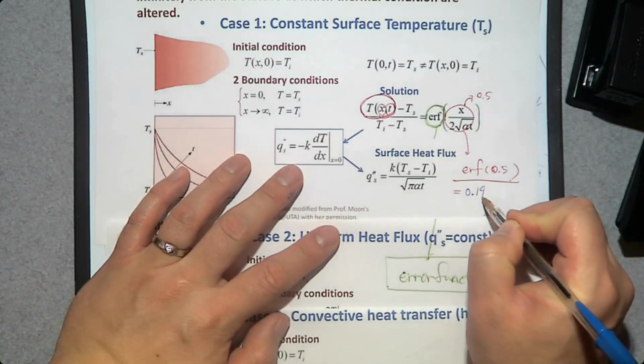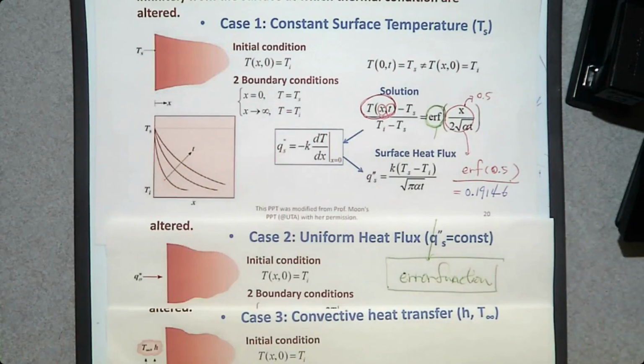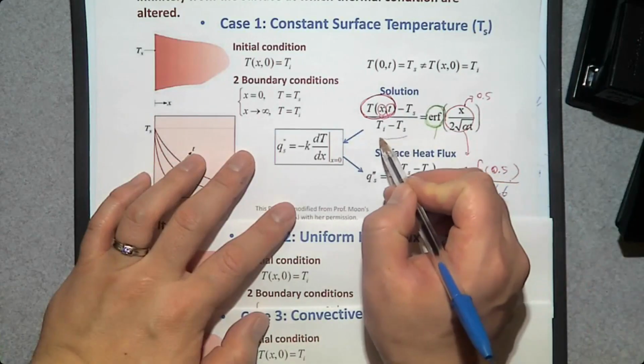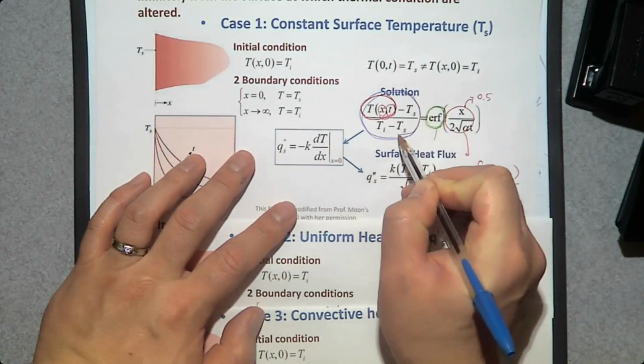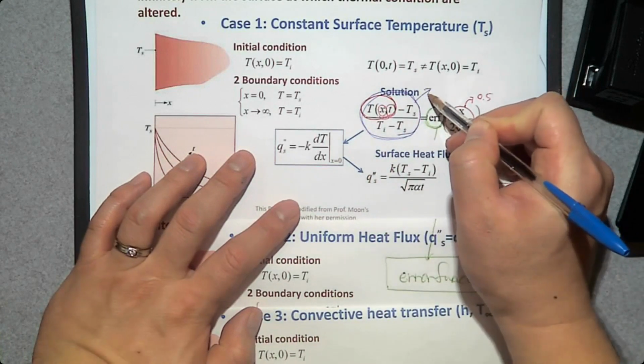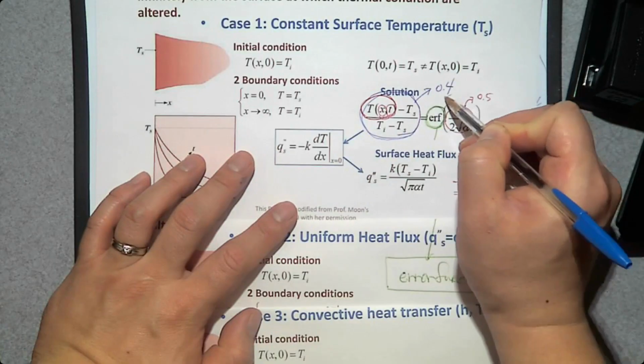Then you go back and say this one is 0.19146. That's how you solve the error function. You don't have to actually solve it, you use a table to determine the value for this error function. Or sometimes you have to do it backward. Let's say I know the temperature ratio of this one, and it is approximately 0.4.